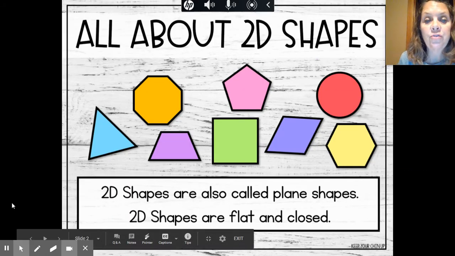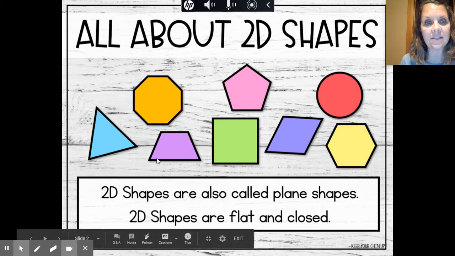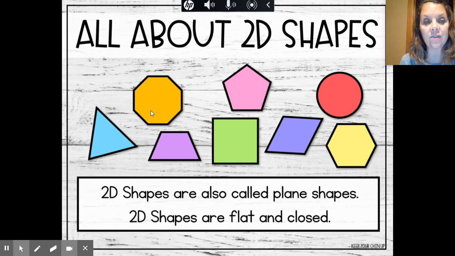So all about 2D shapes. 2D shapes are also called plane shapes. 2D shapes are flat and closed. What that means is if you had a little ant and you were trying to trap it inside the shape, there would be no way for the ant to get out because the shape is closed.